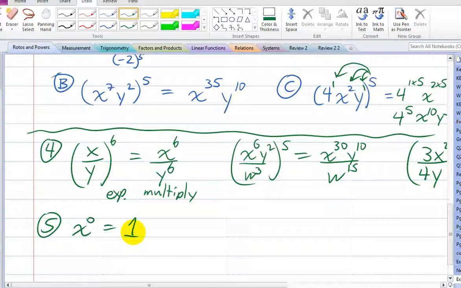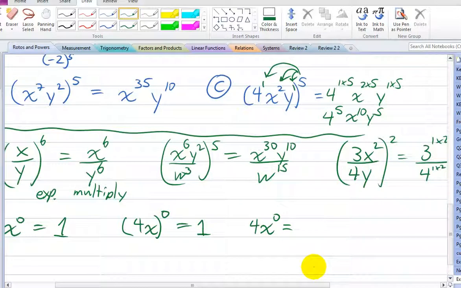Anything to the exponent 0 is 1. So what about brackets? 4x bracket 0, what does that equal? 1. Okay, if you think you guys are so smart, what about 4 times x exponent 0, what does that equal? Yeah. 4 times 1, right? Only the x has the exponent 0, so the answer is 4. Okay, so be careful with the 0 exponent. Watch your brackets.